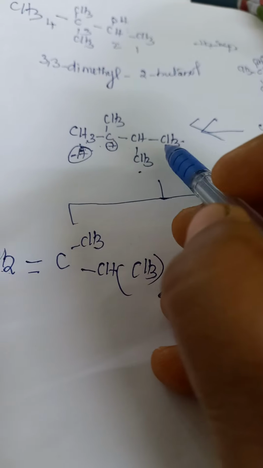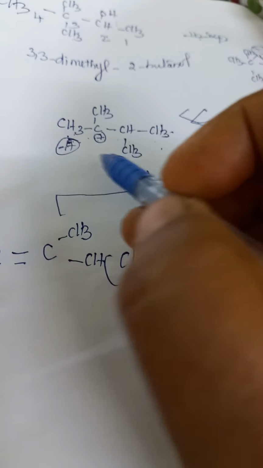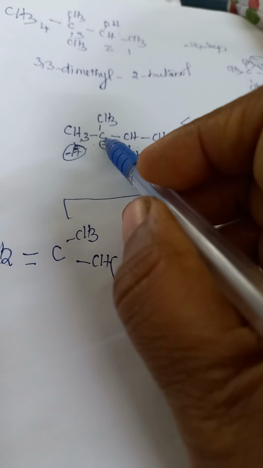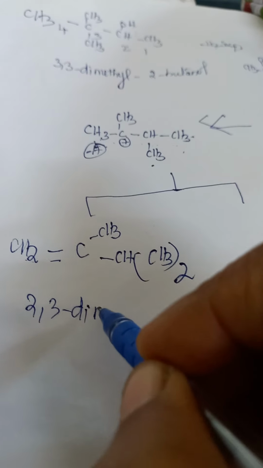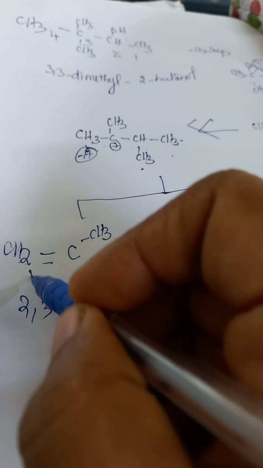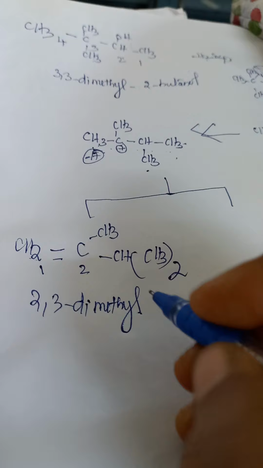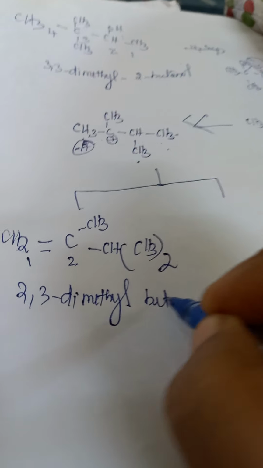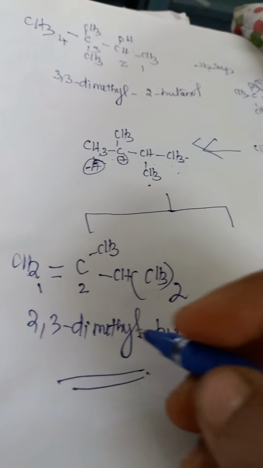Otherwise numbering from here, first carbon, second carbon, third carbon, fourth carbon. The second and third carbons have two methyl groups. So 2,3-dimethylbut-1-ene. This is one of the compounds.